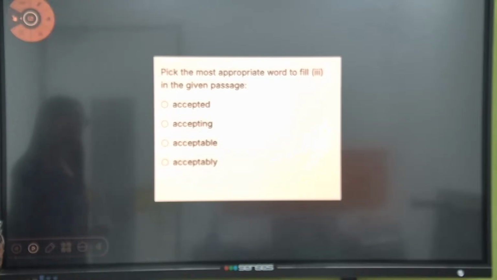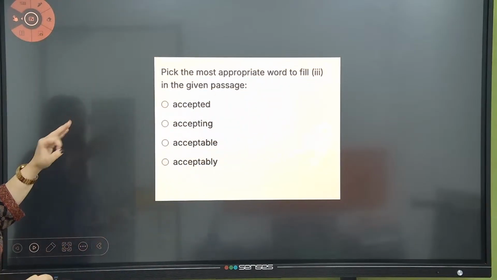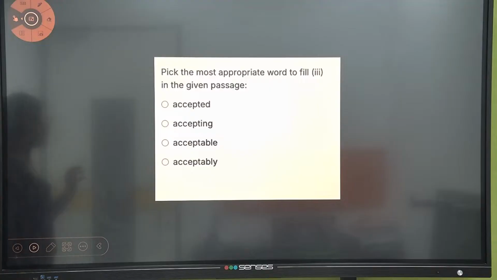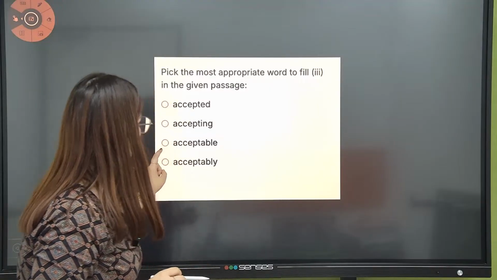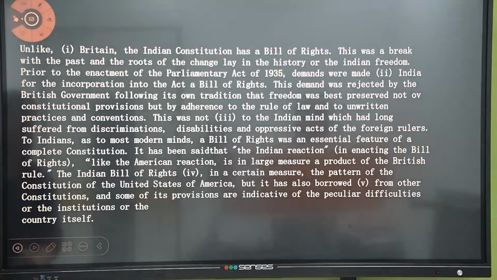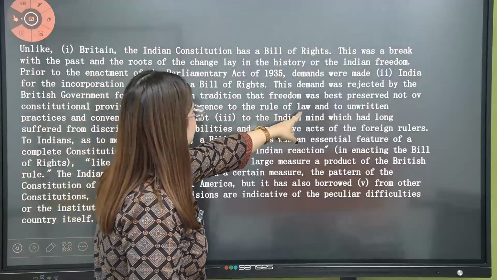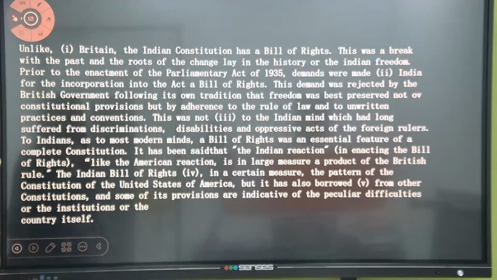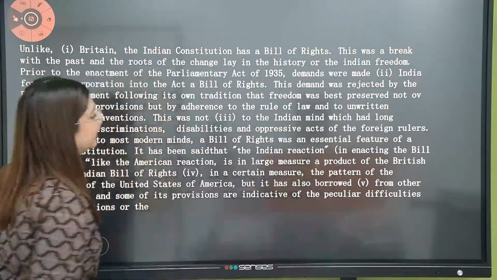Next, pick the most appropriate word to fill three in the given passage. Accepted, accepting, acceptable, acceptably. Three. But by adherence to the rule of law and to unwritten practices and conventions, this was not dash to the Indian mind.